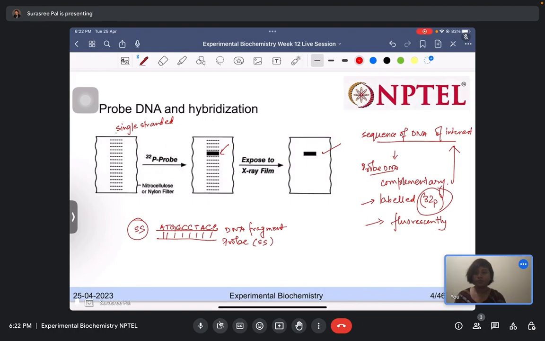Now after we can visualize such a band in the image, we will be able to confirm that yes, the sequence of our interest was present in this particular sample, or in the genome of this particular organism, which is why we got a signal after Southern blot. So that is the overview of this experiment, Southern blot.